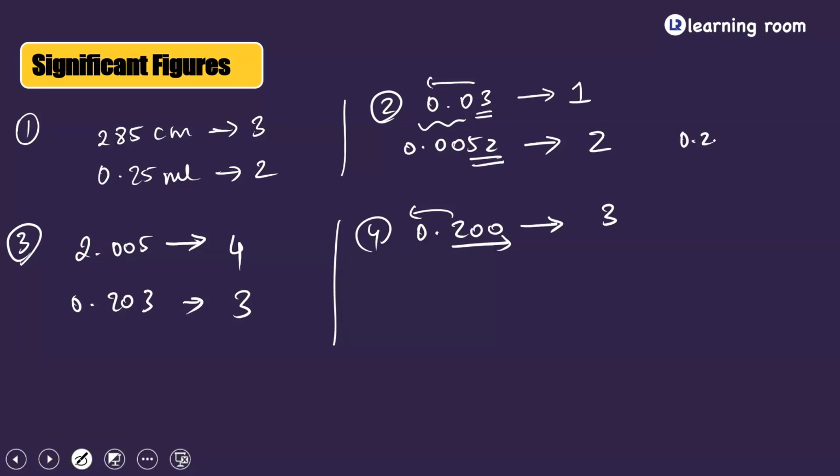That is 0.2 into 10 power 4. If you put that, you get the answer as 2000. Generally we don't consider these, but these numbers are significant because it decides this decimal point.